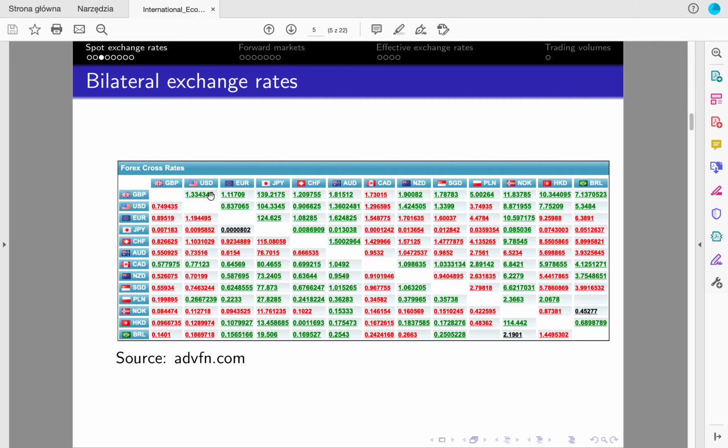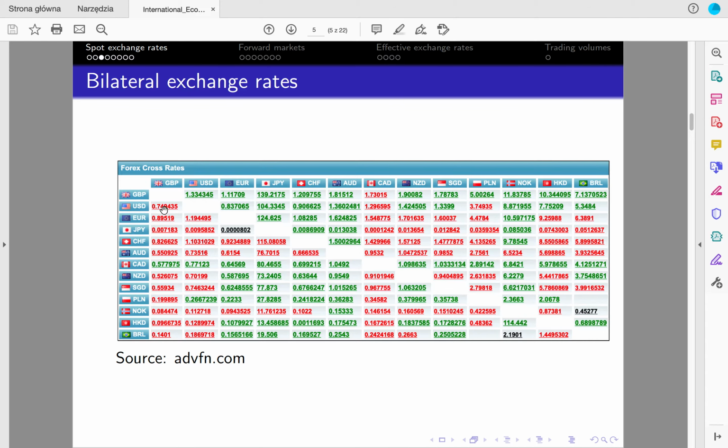Over here, what we see is how many dollars we need to pay for £1. So I need to pay $1.33 if I want to buy £1.